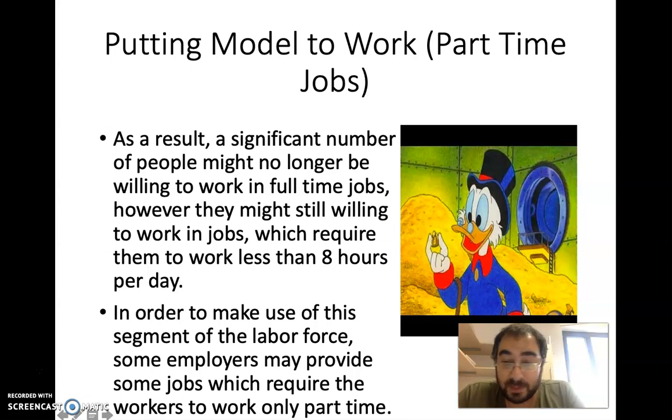Basically, whether the workers' willingness to work part time has created those part-time jobs, or the new conditions that create a necessity of part-time workers from the employer side have created them. It is a discussion by itself.